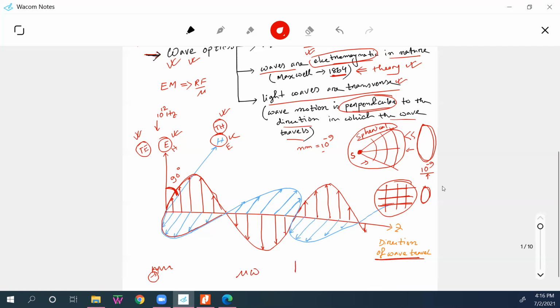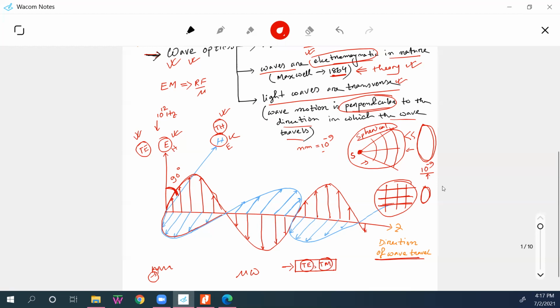In electrical engineering, we no longer study this phenomenon. Previously, for guiding microwaves, we used hollow metallic waveguides for electromagnetic transmission. There, transverse electric and transverse magnetic, these two modes are very popular.